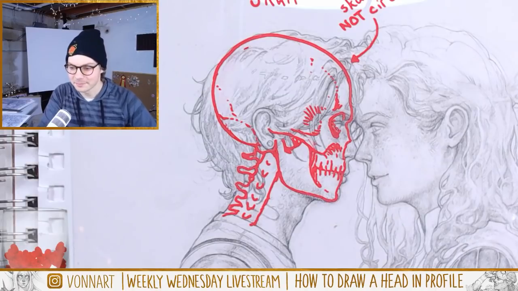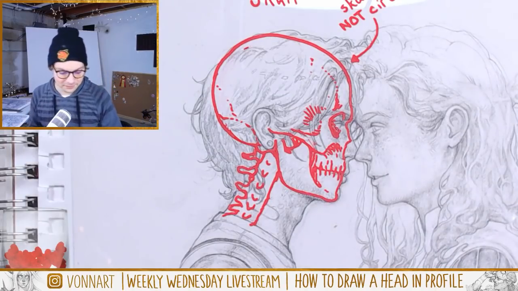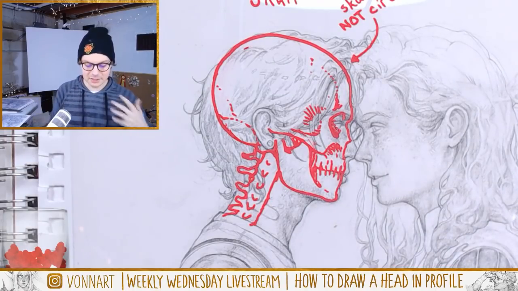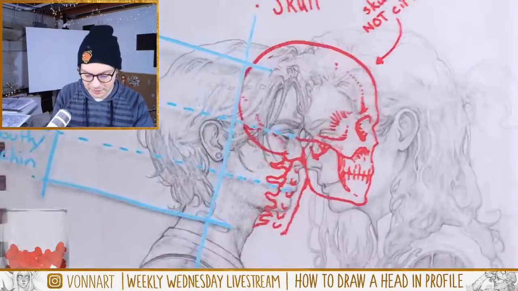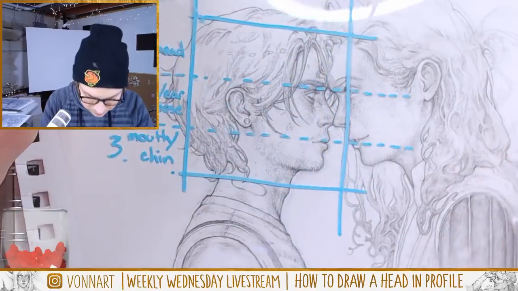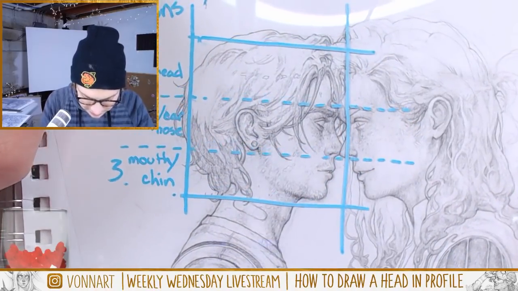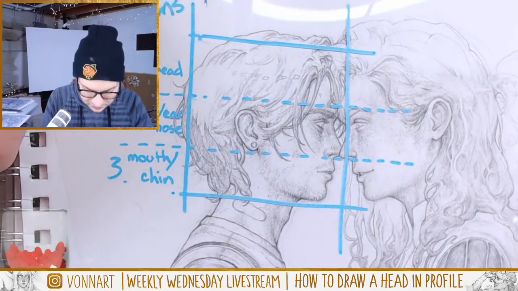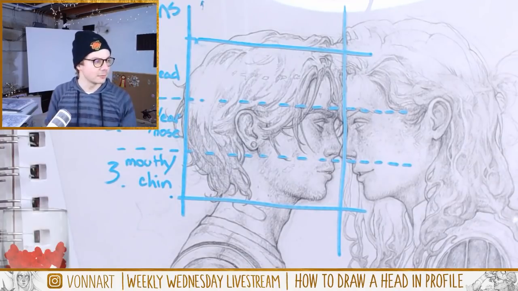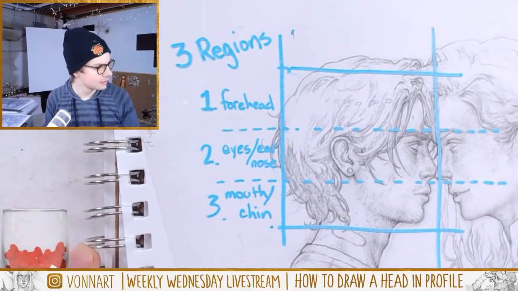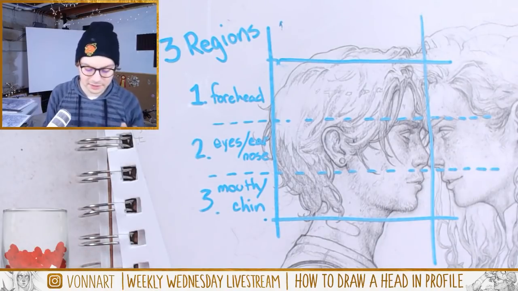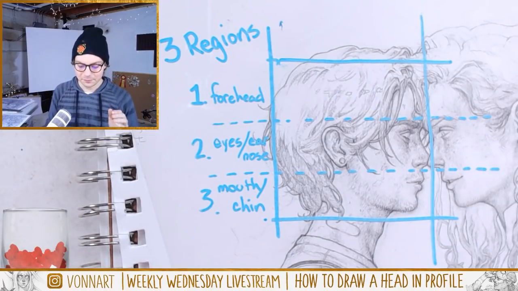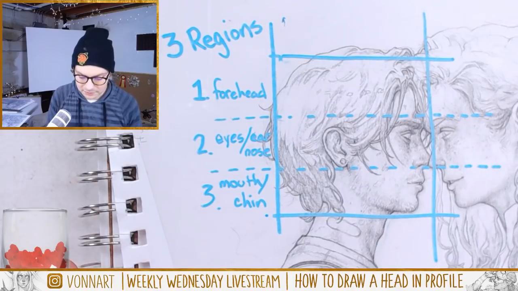Oh boy. Okay. So the next thing I'm going to talk about are the 3 regions of the head. And you know what? I'm going to take away the skull just for a second, just so we can see this a bit more clearly. So when we're looking at the 3 regions of the head, let me move this up a bit.